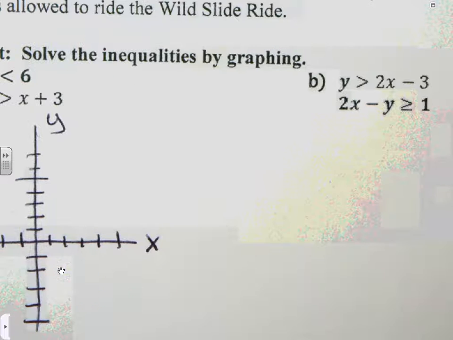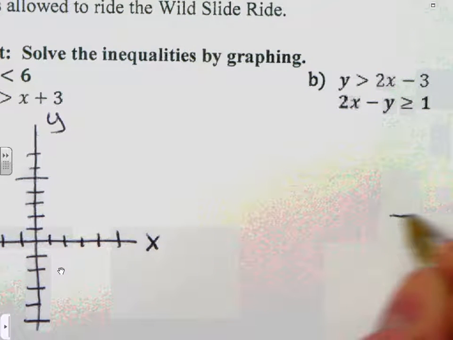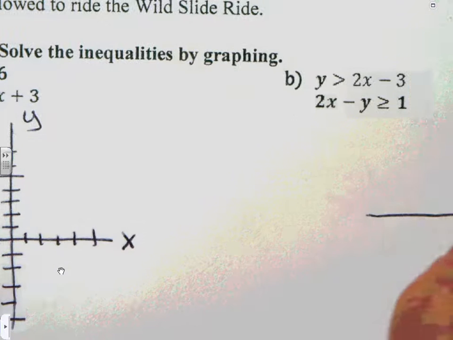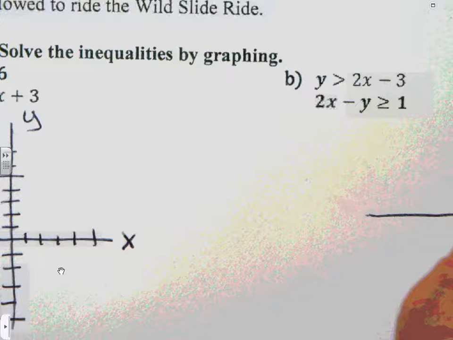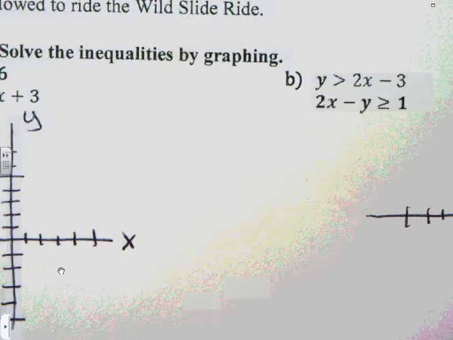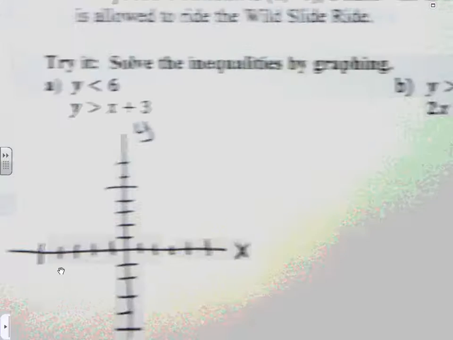I'm going to draw the other graph while you guys are working.